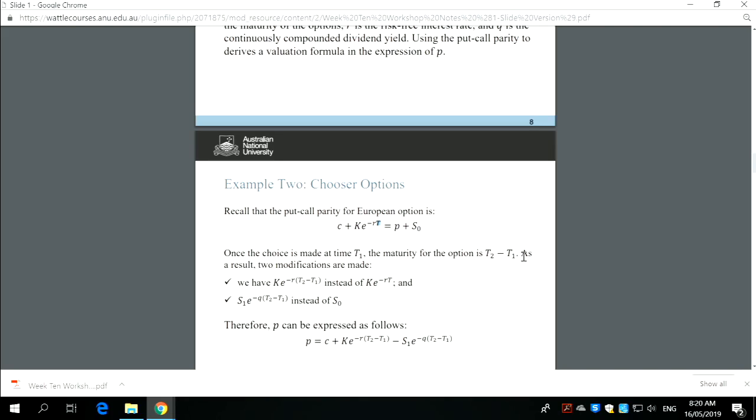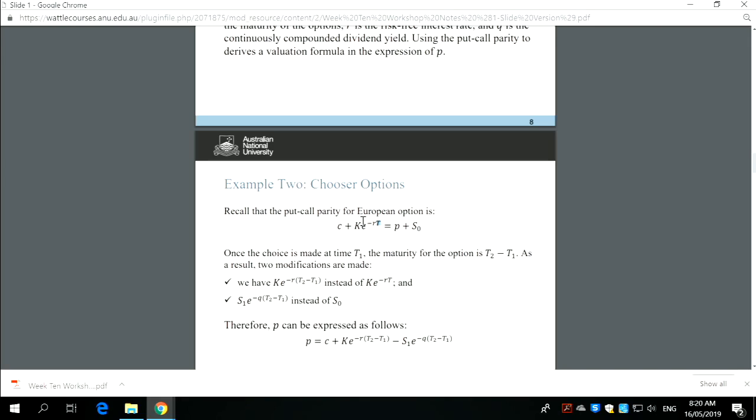You make up your mind whether it's a call or put at T1, so that's when the nature of the option is determined, and then the option lasts until T2. So the maturity must be T2 minus T1. We need to replace all of the T with T2 minus T1. That's the first thing we have to do.